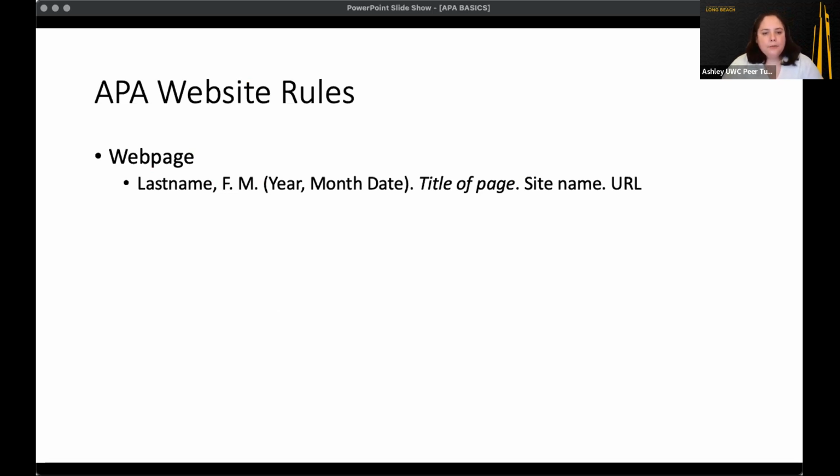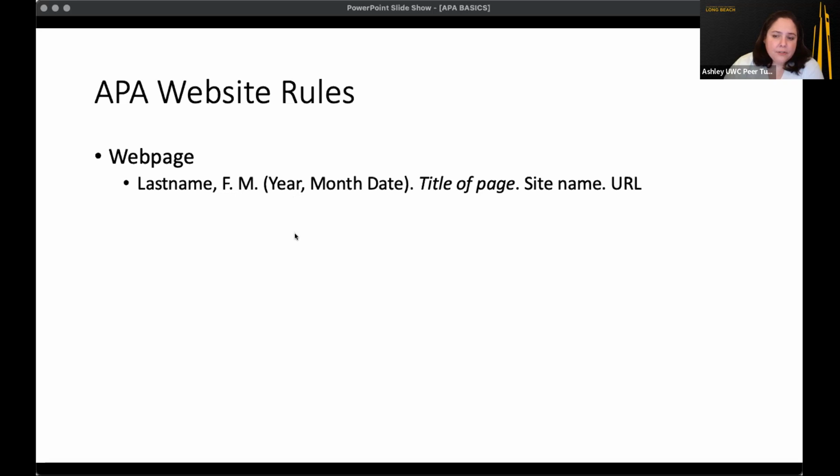So website rules. I went over it a little bit before, but here's a little more in-depth. For a web page, you want to use the author's last name, first initial, middle initial. This is where it differs. You put the year 2020, the month, and the date that it was published. Again, if you can find none of this information, just use the year.